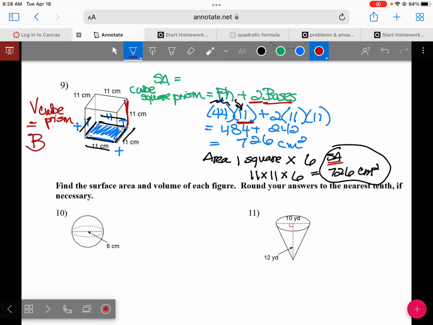Area of the base, capital B times the height. Since this is a square, it is side squared, or length times width, that gives you the base, times its height. So volume of a cube is length times width times height. So 11 times 11 times 11, or 11 to the third power, is going to be how much?